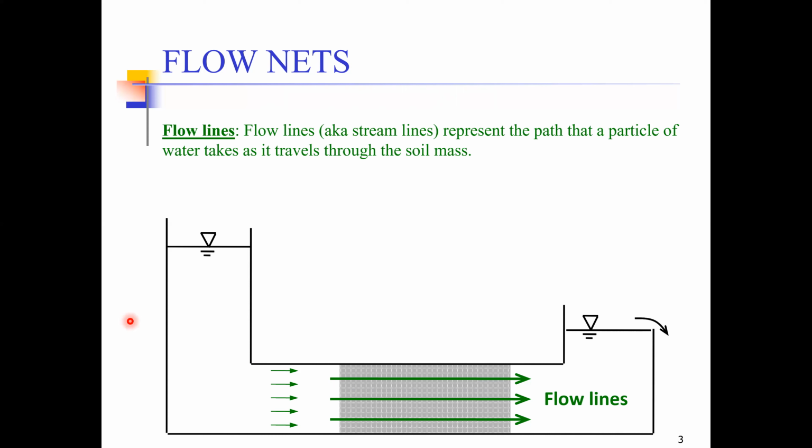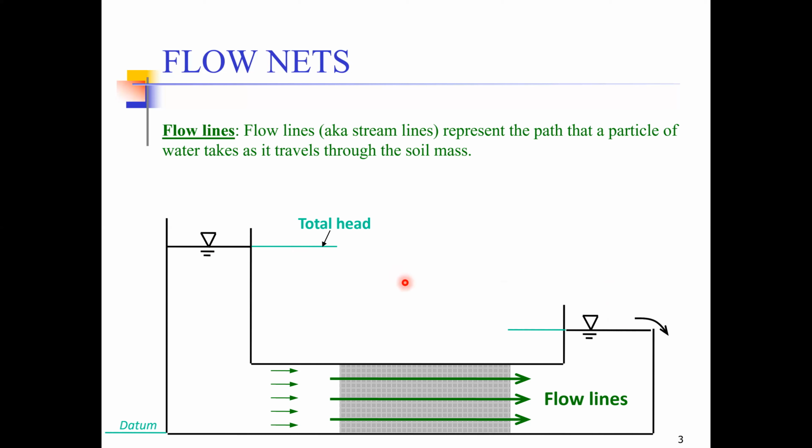Now let's assume that this is our reference surface, which we call the datum. If this is the reference surface and I ask you what will be the total head of the water level here, you can probably tell me that this line represents the total head. In the same way, if I ask you what is the total head at the other end, you should be able to tell me, based upon the knowledge gained in previous lectures, that the total head at this end will be represented by this line.